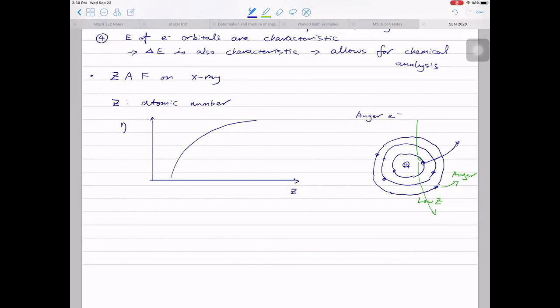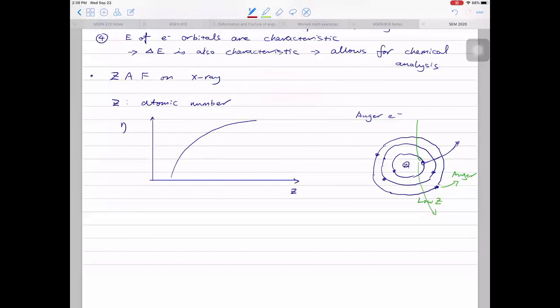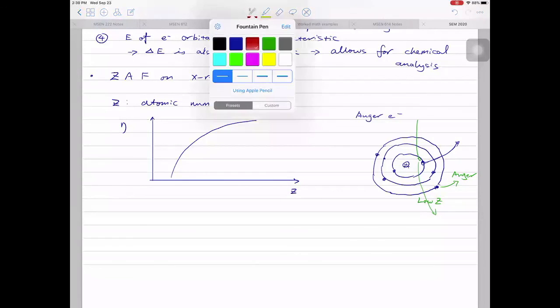Okay, let me describe the process again. Sorry, I did it in a rush. I apologize for that. For Auger electrons, the first part of the process is the same as characteristic X-ray generation. You have the incoming electron. Let me use a different color.